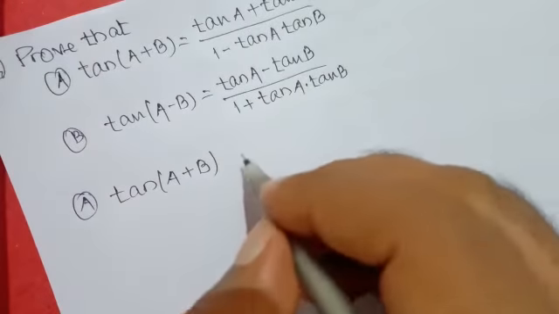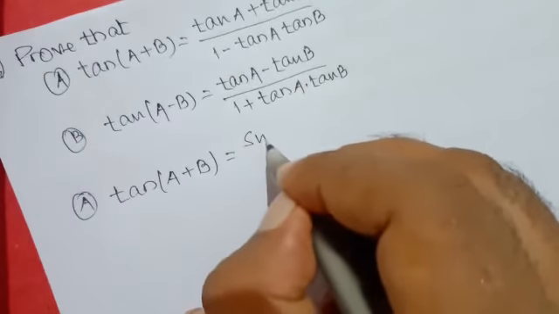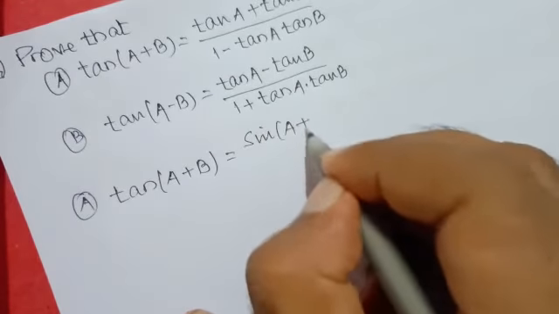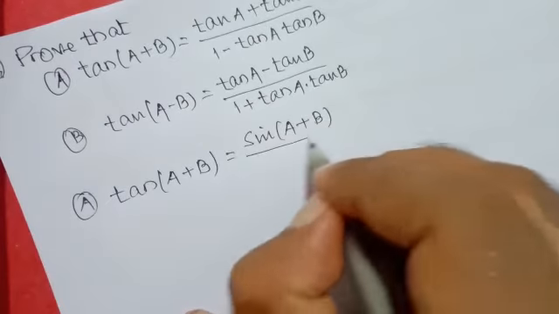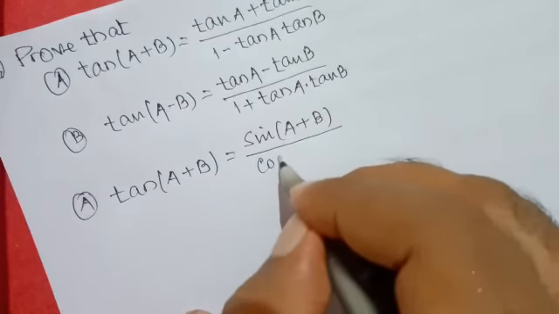So this should be written as sin(A + B) upon cos(A + B).